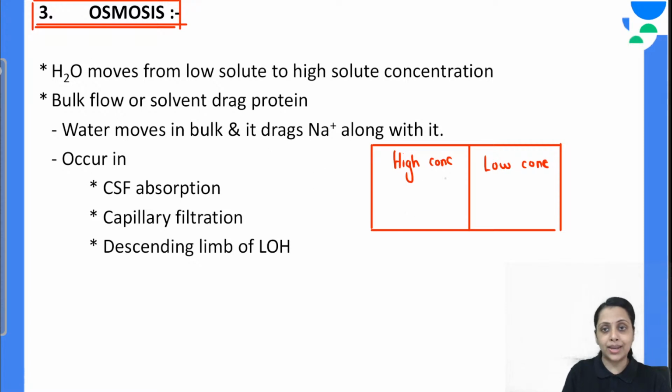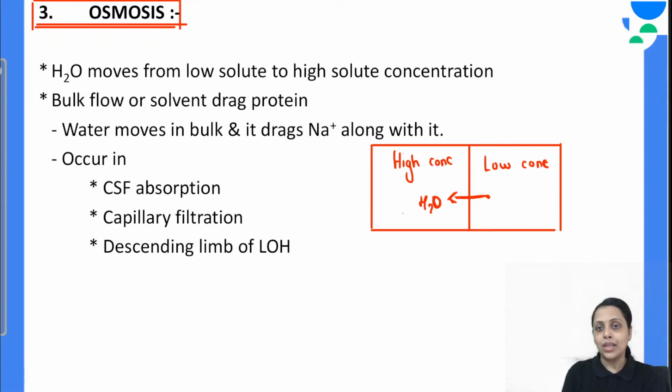So what happens in osmosis? In osmosis, the water molecule moves from lower concentration to the higher concentration. So this is the osmosis.